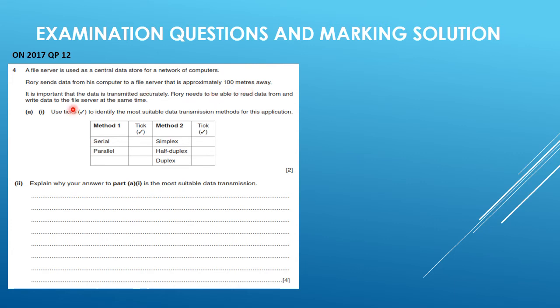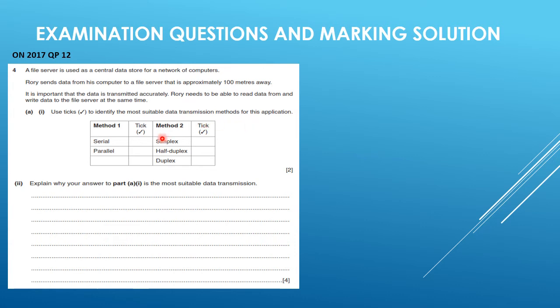It is important that the data is transmitted accurately. Rory needs to be able to read data from and write data to the file server at the same time. Part A is, use ticks to identify the most suitable data transmission method for this application.